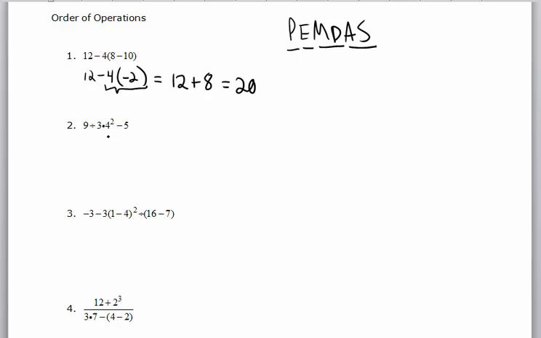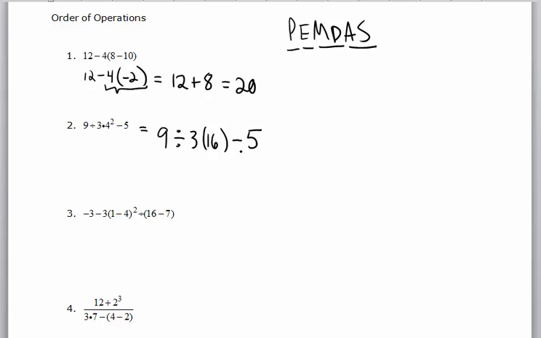All right, so you'll notice in number 2 there are no parentheses, so I do the exponents first. I'm just going to rewrite everything. It's good to be organized. I'm going to write 9 divided by 3 times 4 squared, which is 16. And then I'm going to do minus 5.